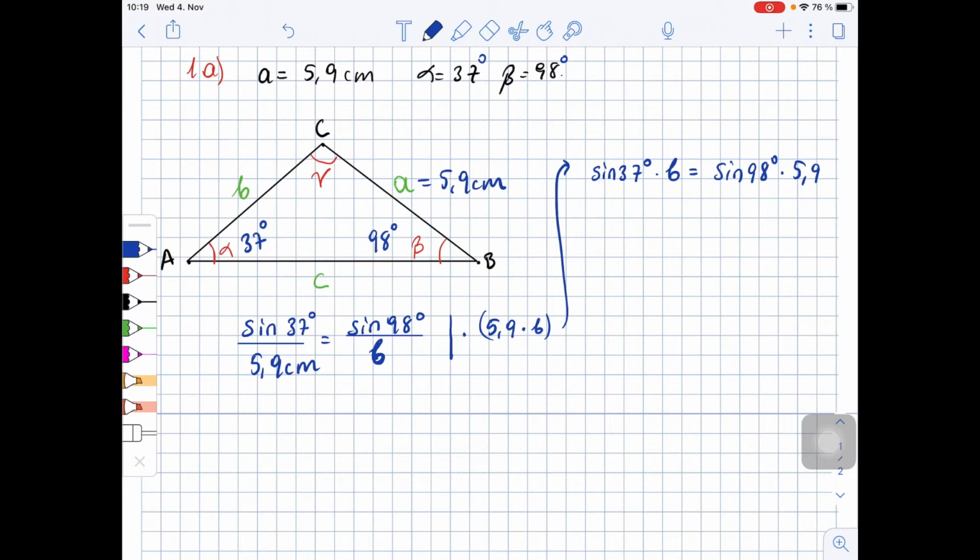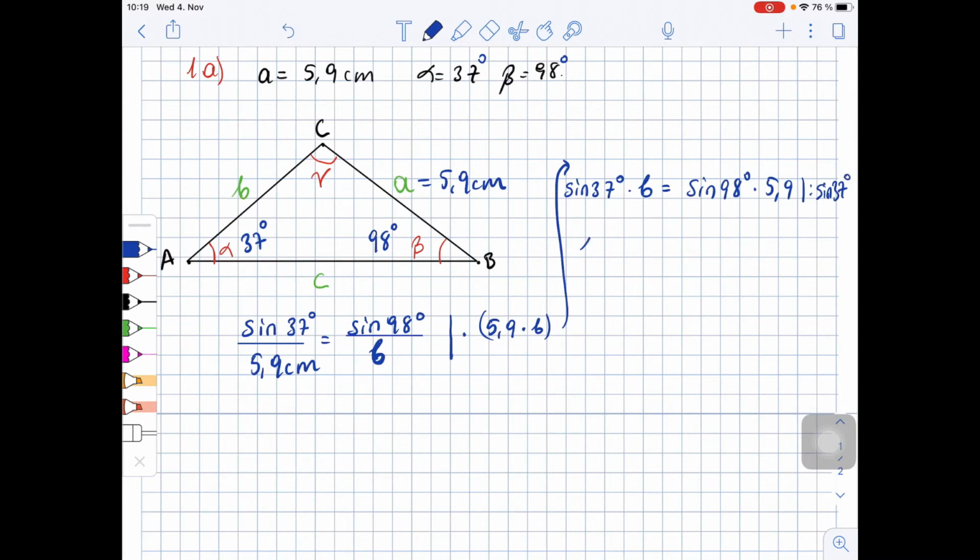To find b, what I need to do is divide by, so I do not have space here. Okay, let's divide by sinus 37 degrees.